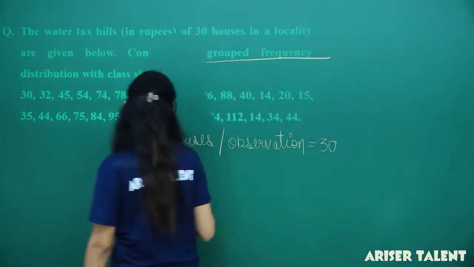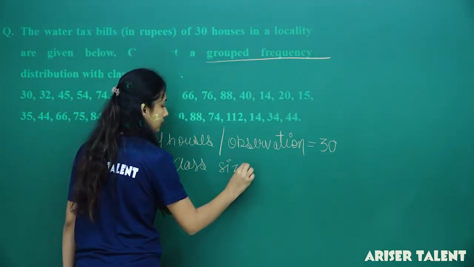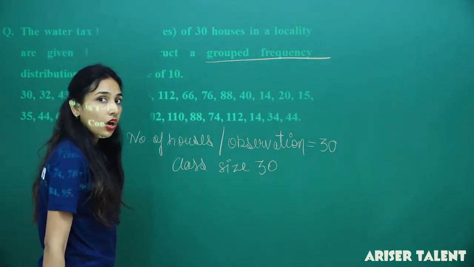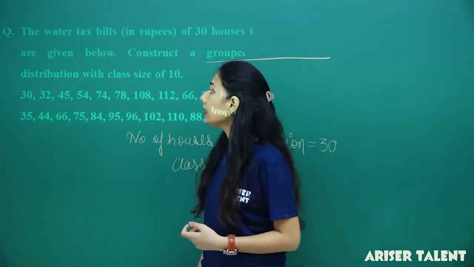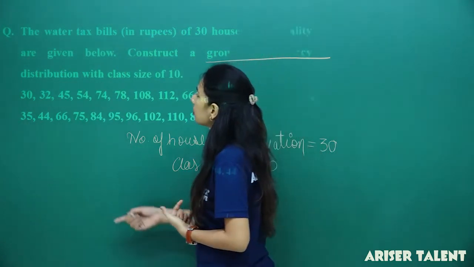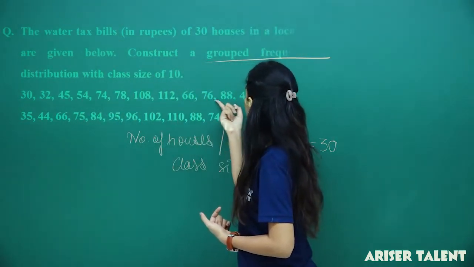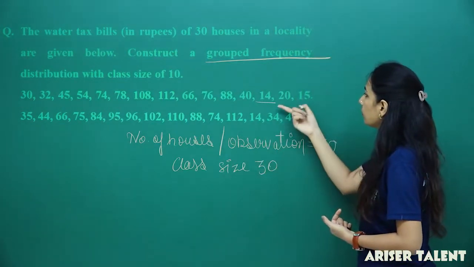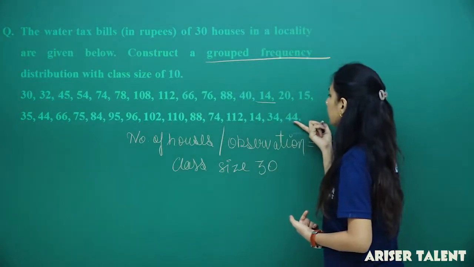Now you have to look at the given data and find the highest value and the lowest value. So the lowest value is 30? Here 30, 30, 30, 30, 14. 14 is lesser than 30. So 14, 14, 14 again.